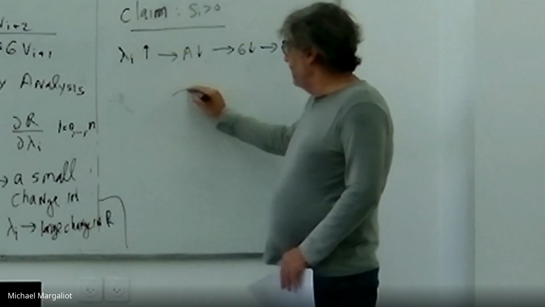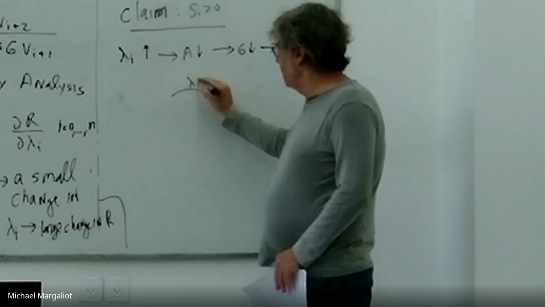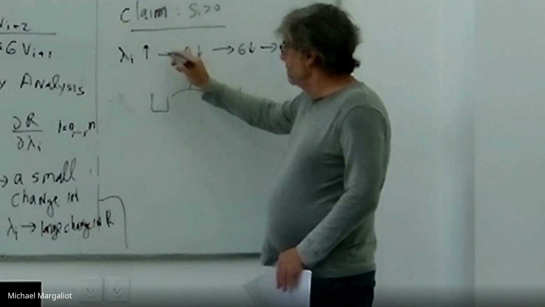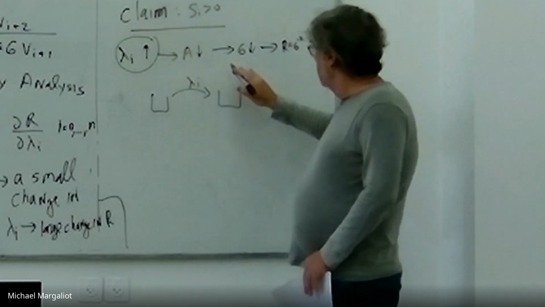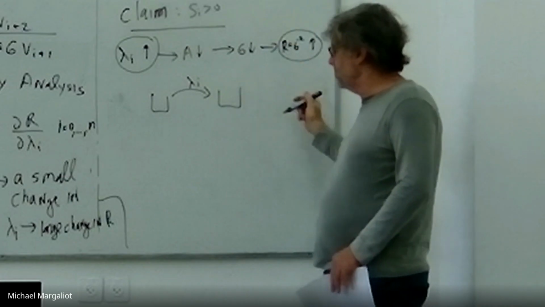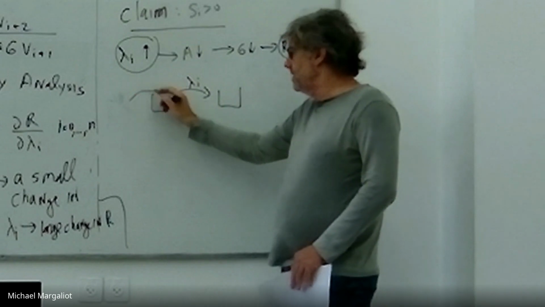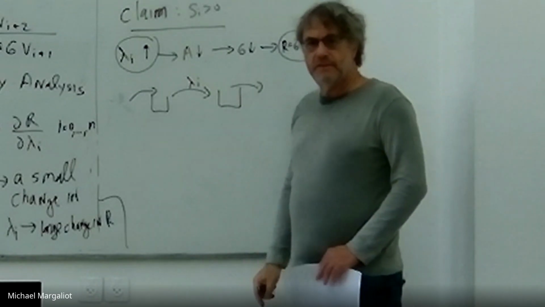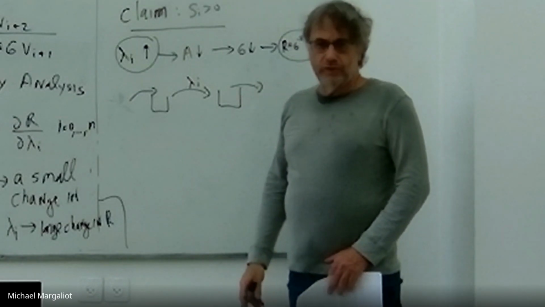If I take my RFM, and there is some rate between two sites, and I increase this rate, then it's easier for the ribosomes to flow through, and the steady state is expected to increase.